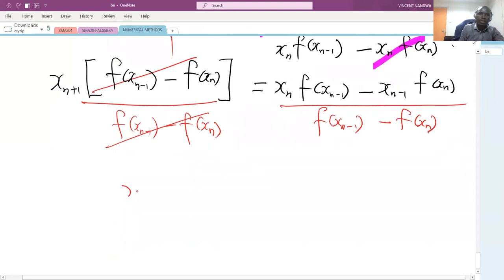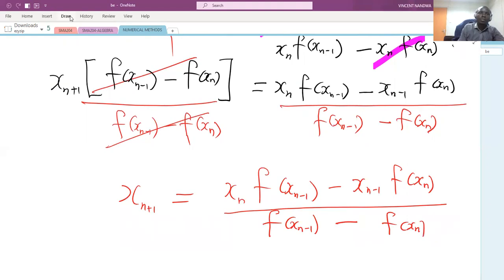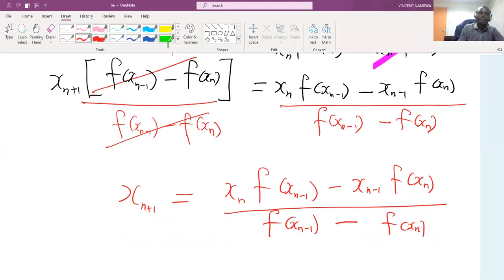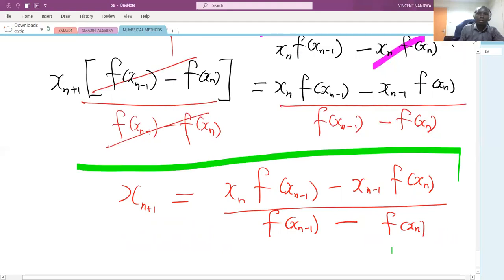Then xn plus 1 becomes xn f of xn minus 1 minus xn minus 1 f of xn divided by f of xn minus 1 minus f of xn. So this is the formula. This is the second method formula.